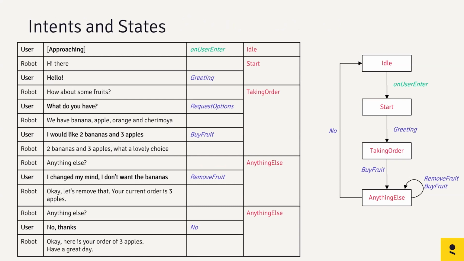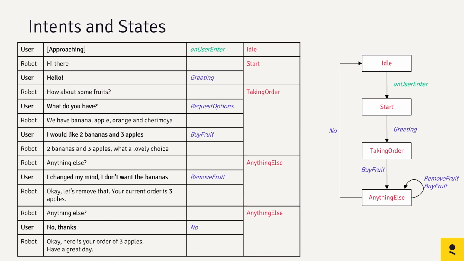So the way this works is that we have these triggers that create these transitions between these states. And if it's a spoken interaction, many of those triggers will be so-called on-response triggers, triggered by certain what we call intents. So when the user says something, for example, what do you have? We map that to an intent called request options here.